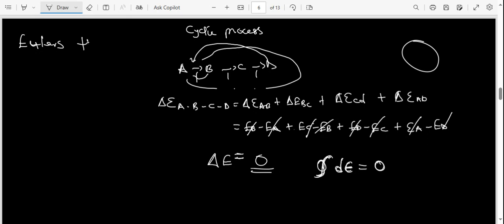Euler's theory. So Euler is a guy who came up with something to say that when there is a change in a cyclic process, it will be given by a formula. Let's suppose we have a function z, which actually depends on x and y.